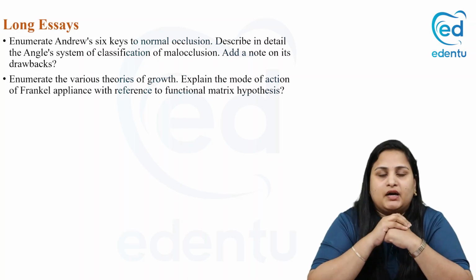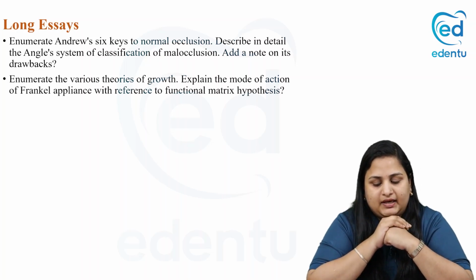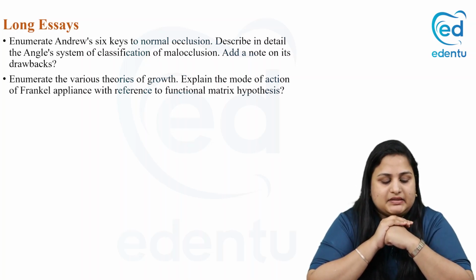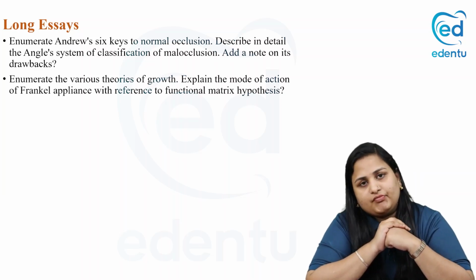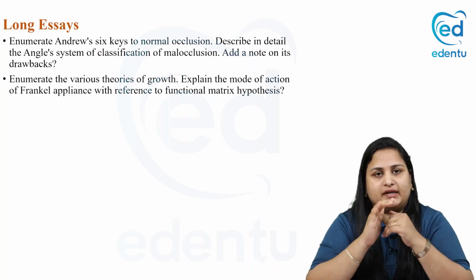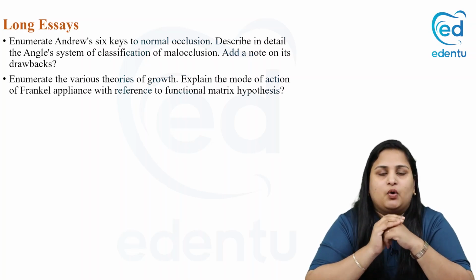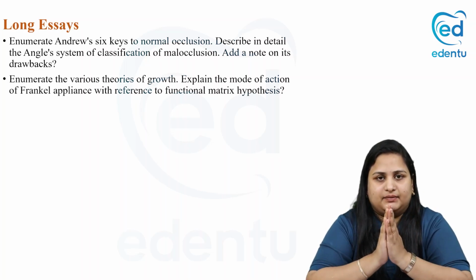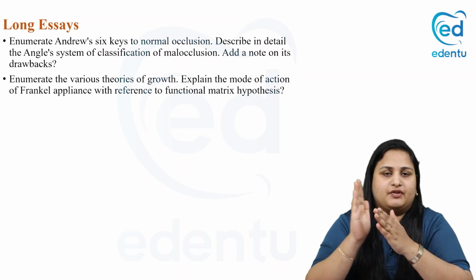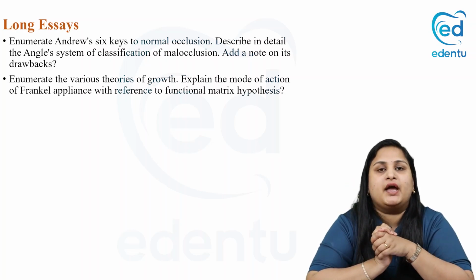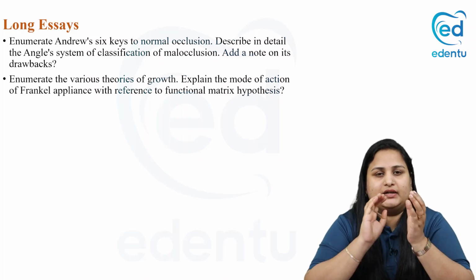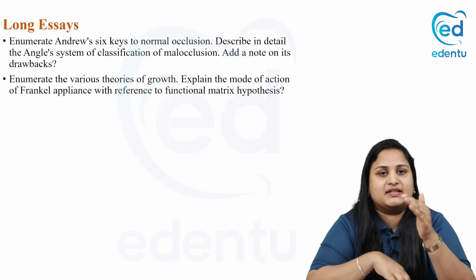Now the next part of the question, part B, is: describe in detail the Angle system of classification of malocclusion. You know what Angle's classification is: the main three classes into which we have classified occlusions. Touch a little upon each one and their subdivisions.